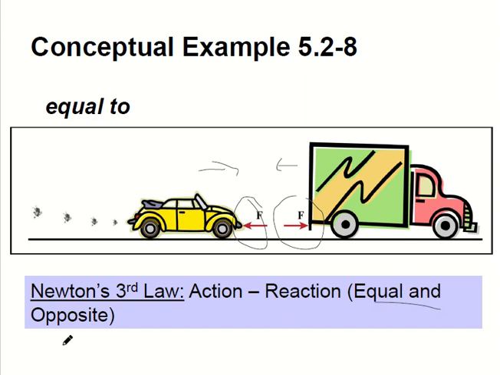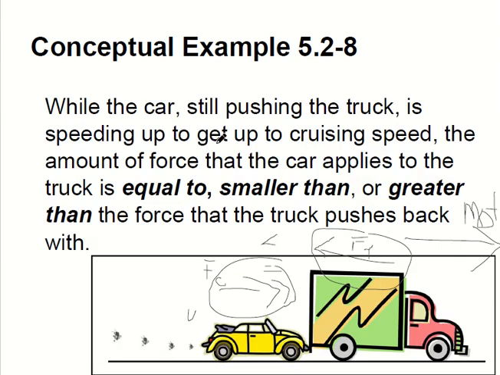So here, equal and opposite, your action by the car and your reaction by the truck, and they equal each other. Even if we go back one slide, even if it's still pushing the truck and you have a tendency to think the resultant motion is going in this direction, therefore this force has got to be less than that.